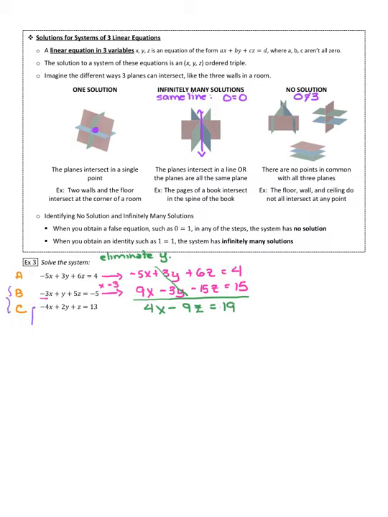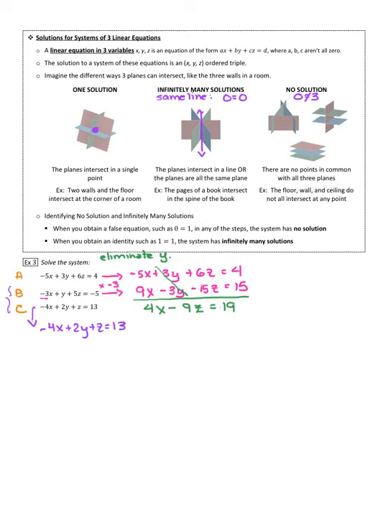So what I'm going to do is just rewrite C exactly as it is. I don't have to do anything to it. Okay, so let's just write it right here. Negative 4x plus 2y plus z equals 13.